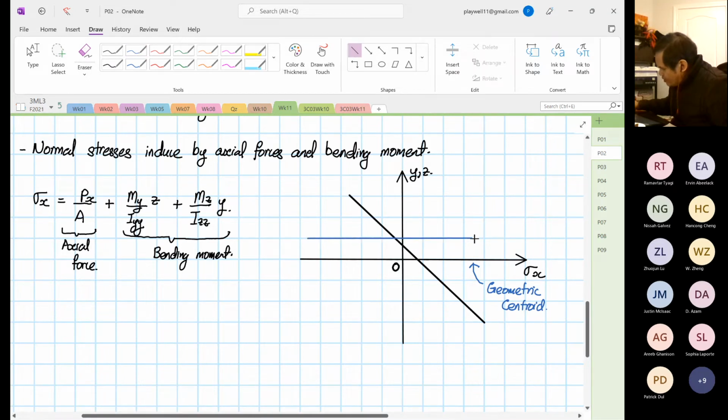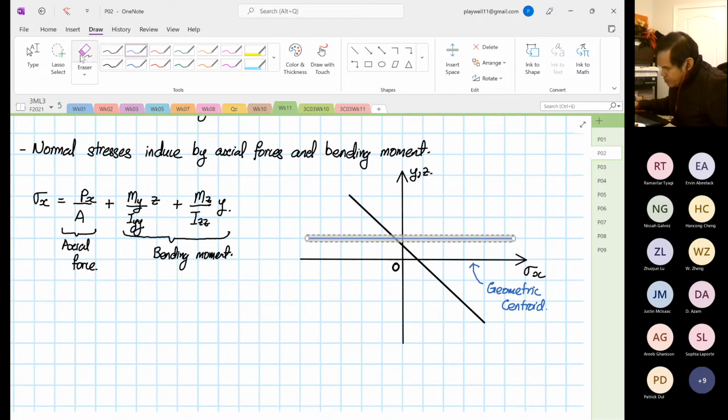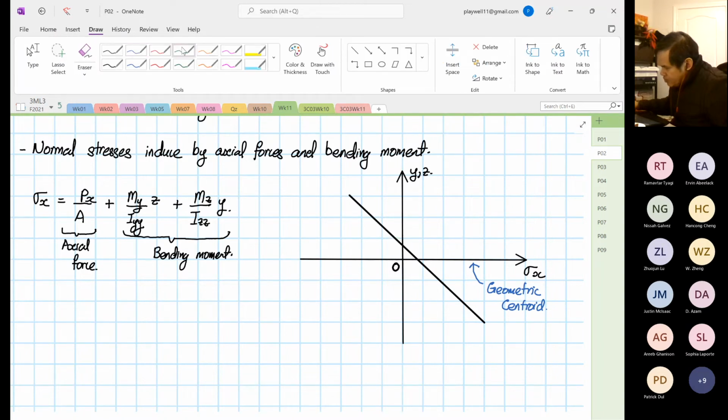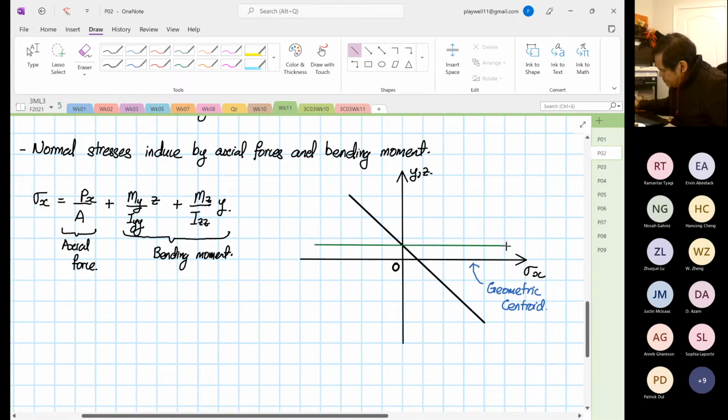Okay. And then this line that I'm going to draw, I'm going to change color. This line that I'm going to draw now in green. Right. This is our neutral axis.